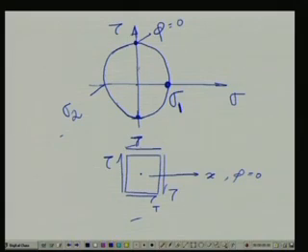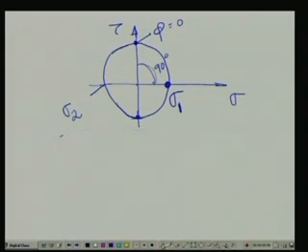You can see this angle is 90 degrees. So, obviously, if we try to construct the orientation of the plane, it is 90 degrees on the circle, so on the element it moves by an angle of 45 degrees.